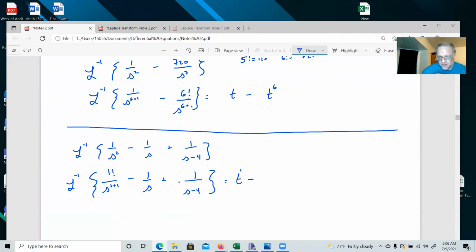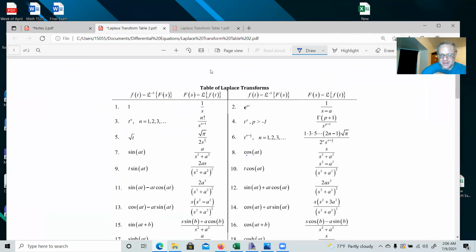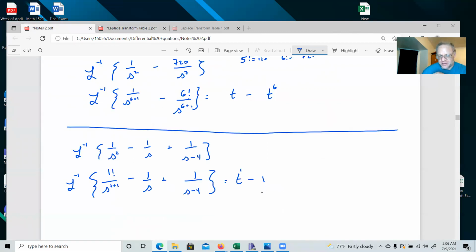Minus 1. And then we need an s minus a. Here's an s minus a. Looks like e to the at. So this is going to be plus e to the 4t. Remember, there's an a, e to the at. So a is 4. If it was a plus, we'd have a minus 4 here. Okay, so there we go.